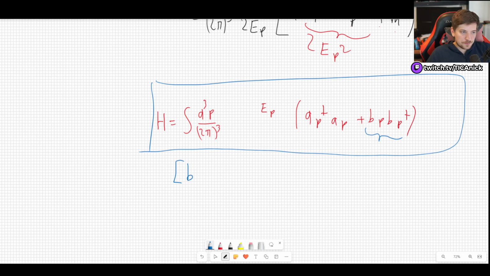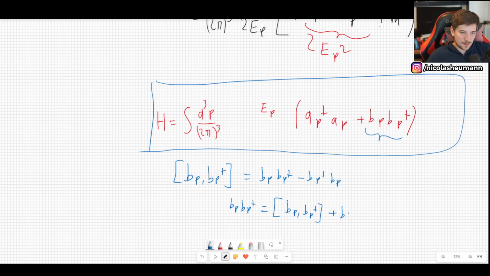So we know that the commutator of BP and BP dagger is BP BP dagger minus BP dagger BP. So we can flip this and write BP BP dagger as equal to the commutator itself, plus BP dagger BP.